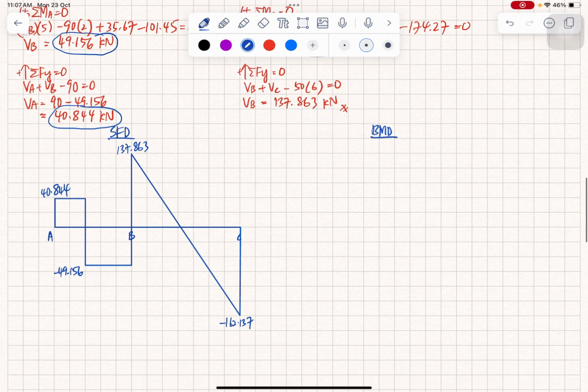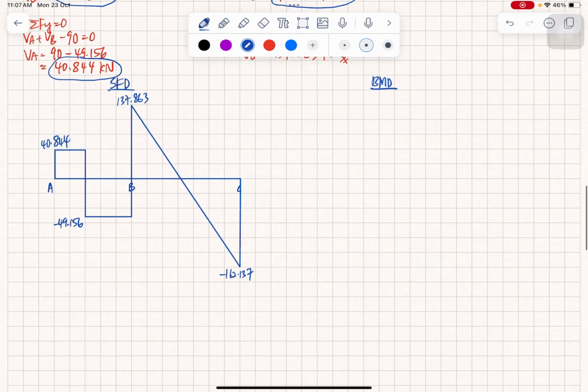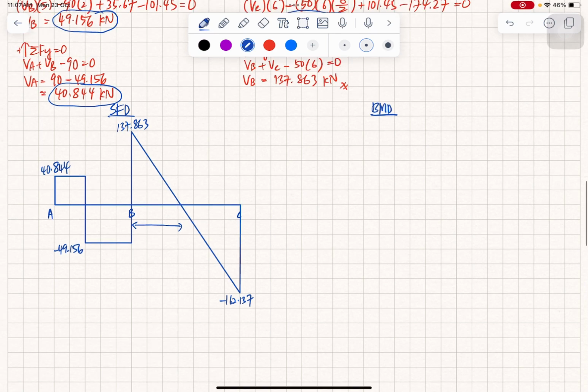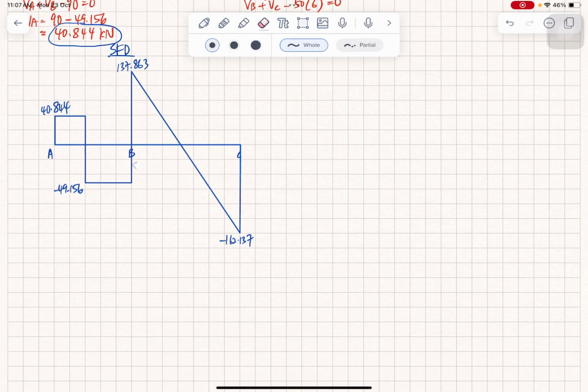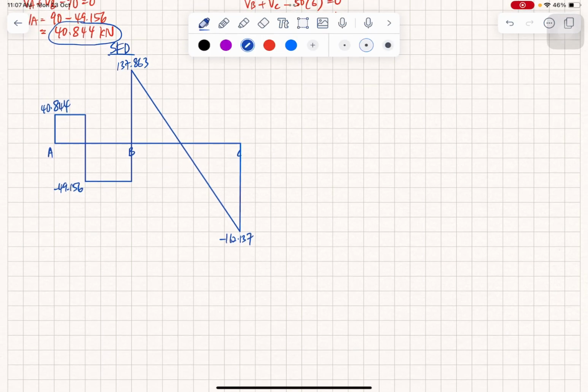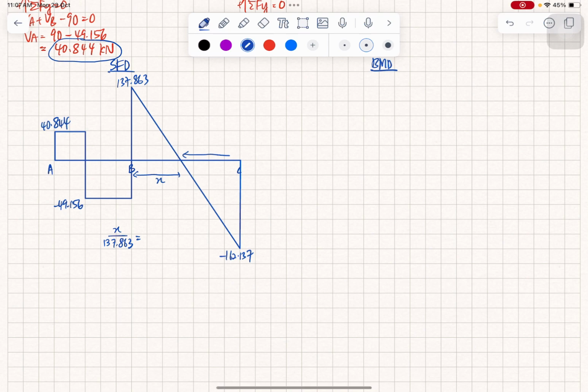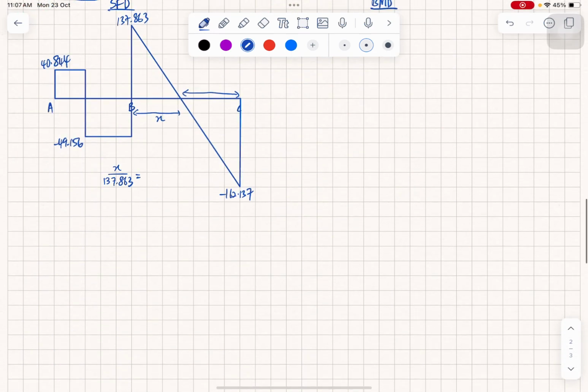Is it very easy? Yes, it's very easy. So how to find the distance here? By using the triangle method. This is our x value. So x over 137.863 equals 6 minus x over 162.137.